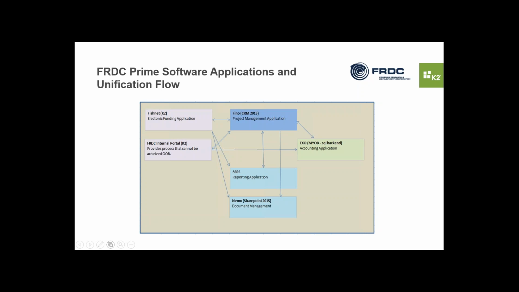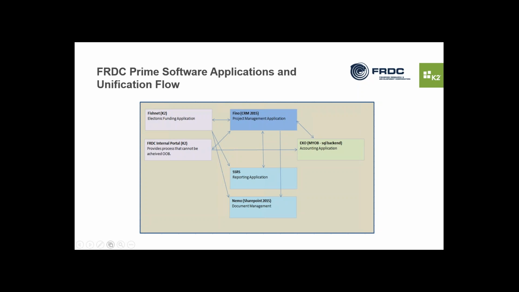K2 for Fishnet is, as I mentioned before, our electronic application. Had we tried to develop this as a web application, we would be looking, just hazarding a guess, at probably around $500,000 to develop that.